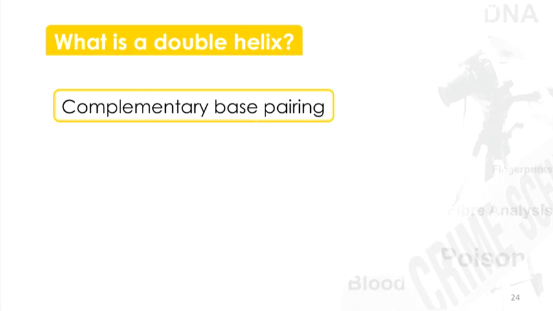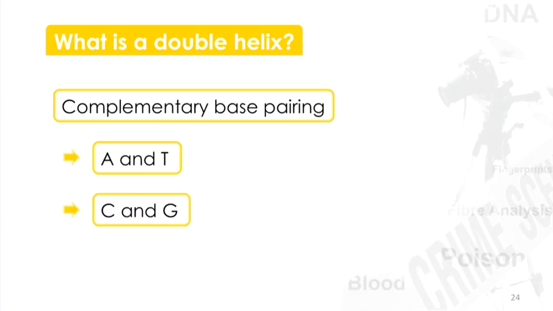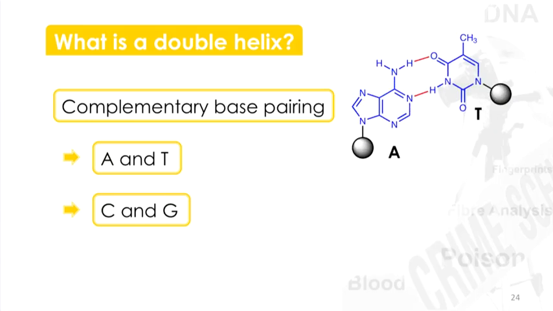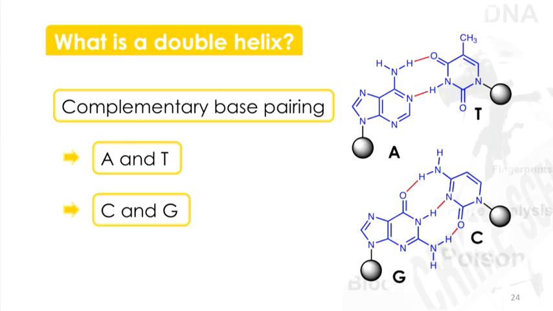So if you have a nucleotide of an A on one chain and a T on the other chain, the A and the T will interact strongly together. In fact, A and T will recognize each other and bind together. Similarly, C and G will bind together through hydrogen bonds. And you can see from the diagram that A and T complement each other very nicely. G and C also complement each other very nicely. So this is called complementary base pairing.